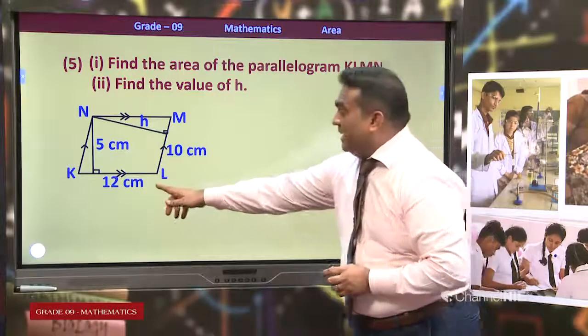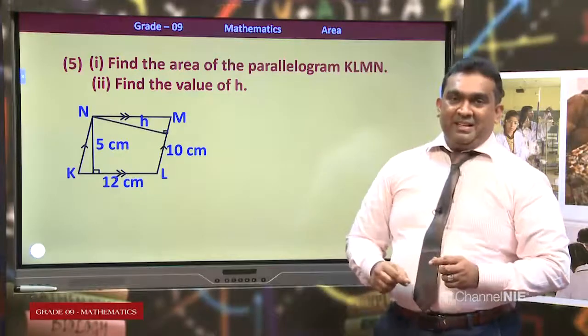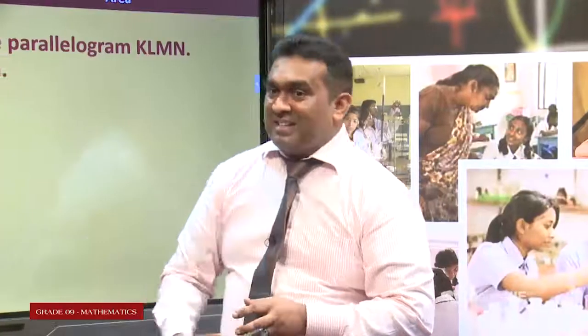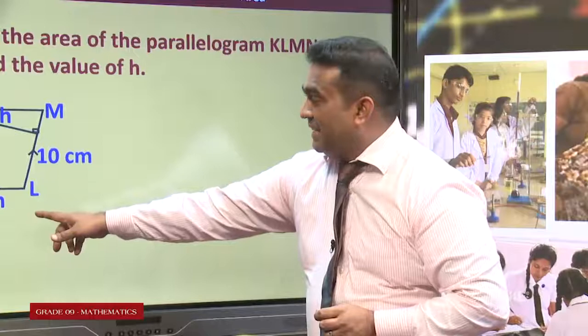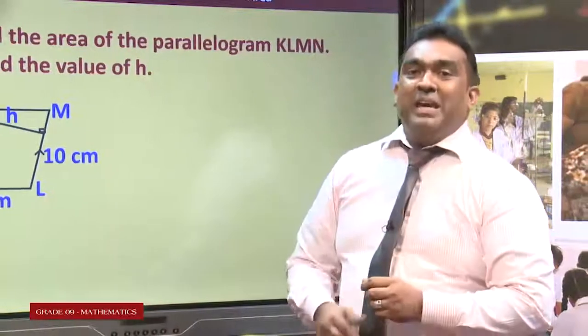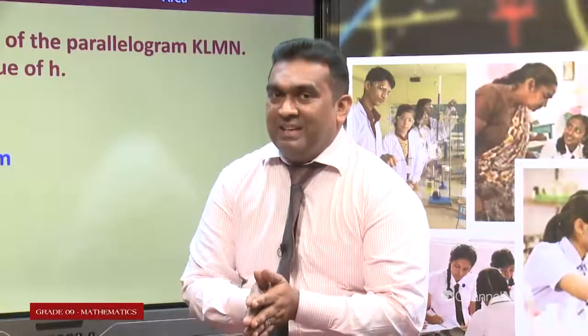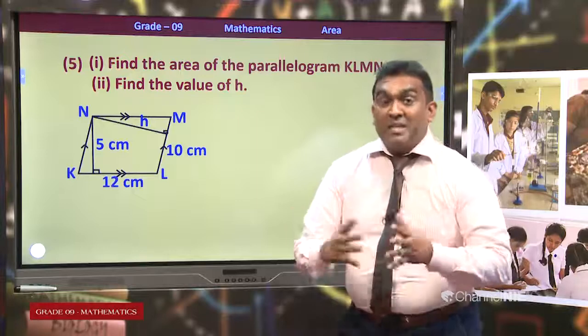It is clear that 12 is a base. There are 4 bases here. No? They consider KL as a base, ML as a base. How many perpendicular heights here? You can make 4 perpendicular heights because there are 4 bases.